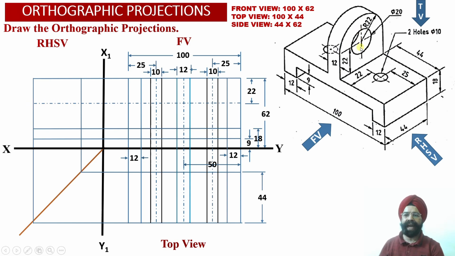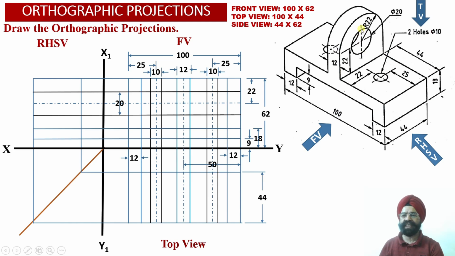And now we know that this hole in the vertical element number 2, which is required to hold a shaft over here, has a diameter equal to 20 millimeter. So now we need to take an offset of 10 millimeter above this center line and 10 millimeter below this center line, and two black horizontal projector lines are going to depict this diameter.